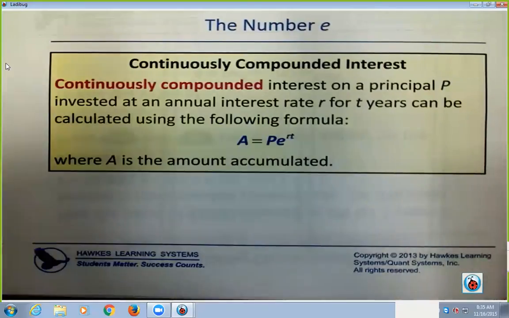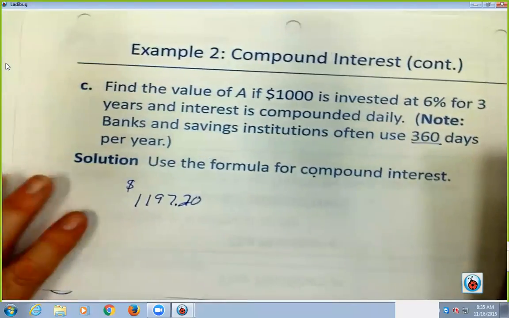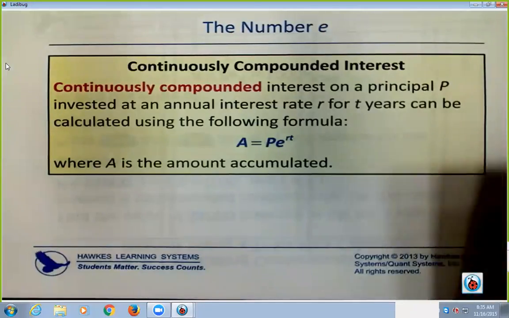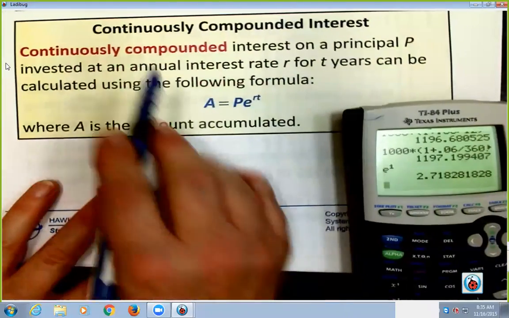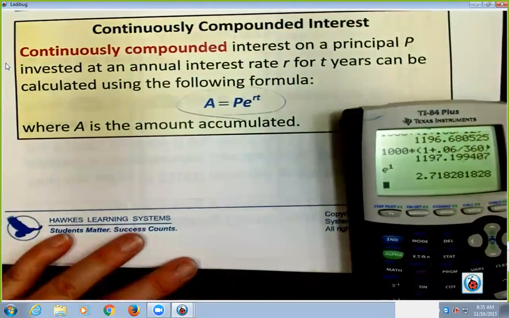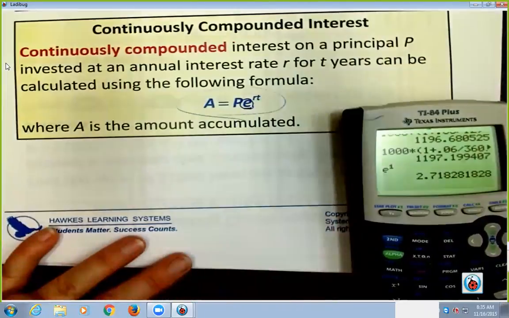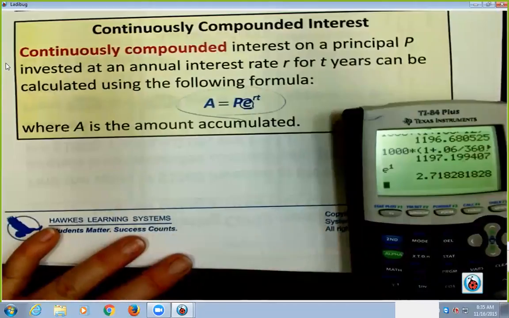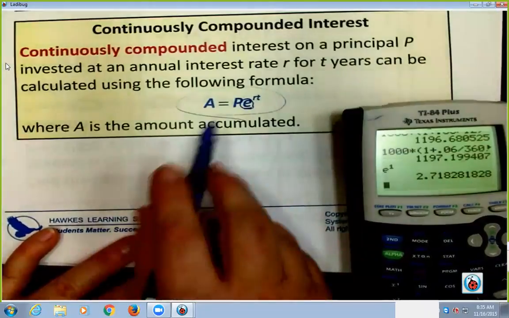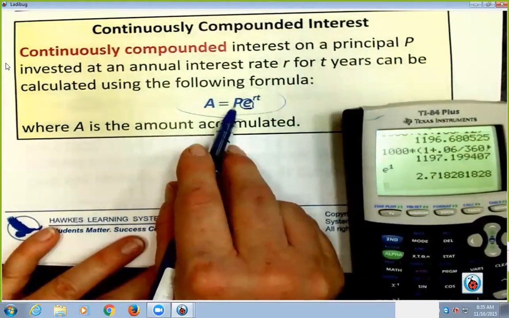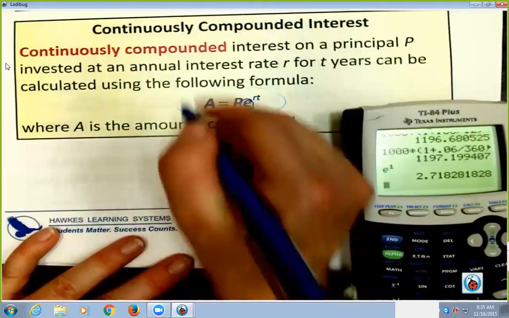And so these next formulas are going to have that value in, because now we're looking at continuously compounded interest, and this e that's right here is the e that we will use on our calculator when we do this, raised to the RT.